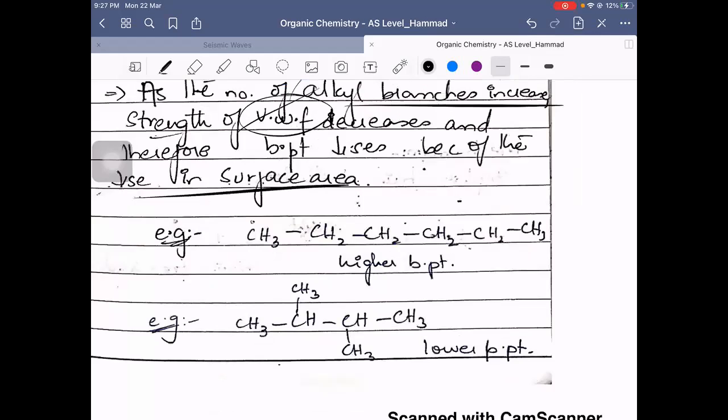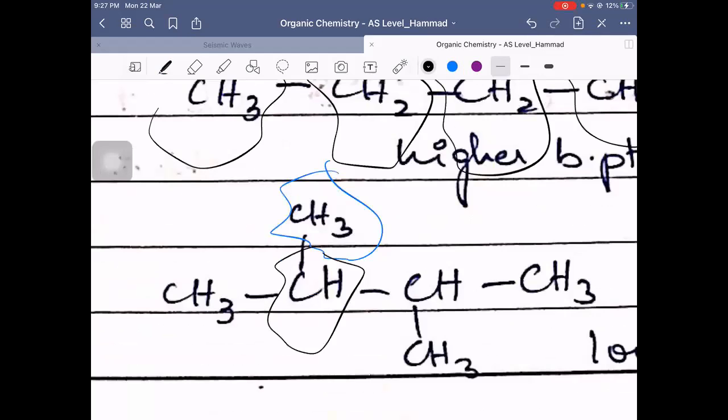A straight chain alkane will have all its electron clouds equally spaced out, and there will be minimum repulsion between the electron clouds. However, for a branch chain alkane, if you see, these electron clouds are starting to mix together, and since electrons have a negative charge, they start to repel one another.